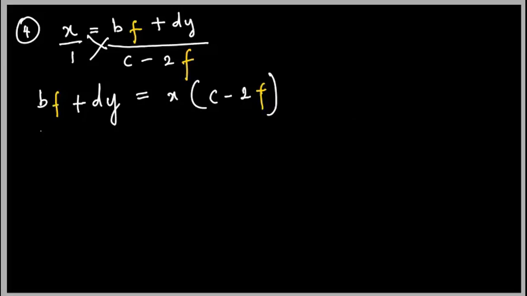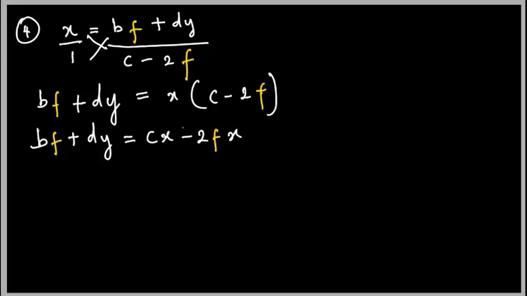And I'll have for the left hand side, df plus dy equals to x times c is cx, x times minus 2f, minus 2fx.